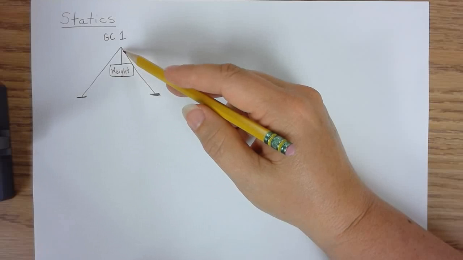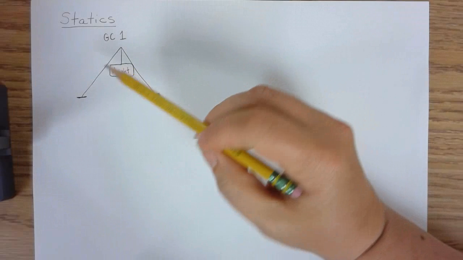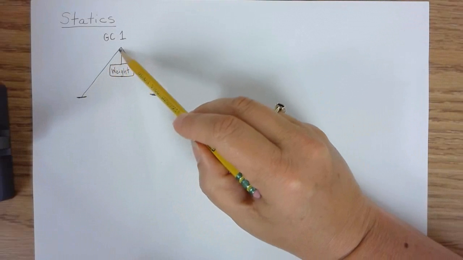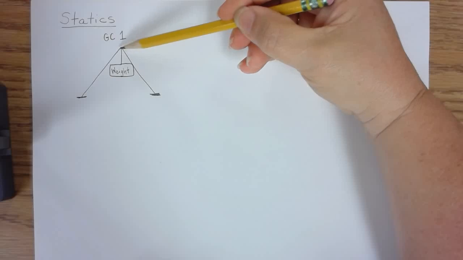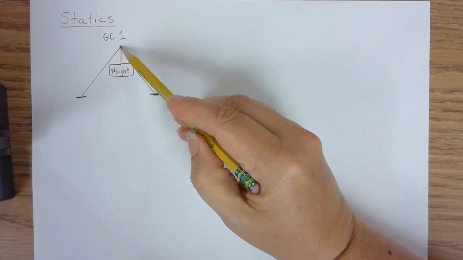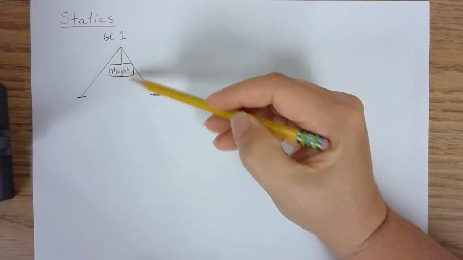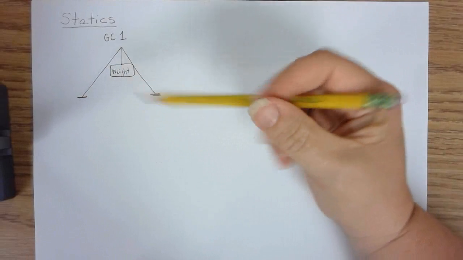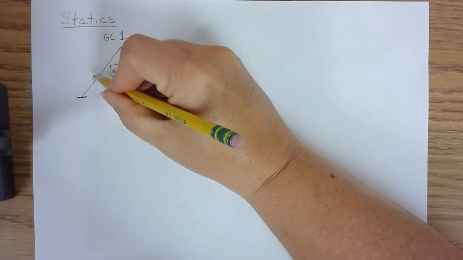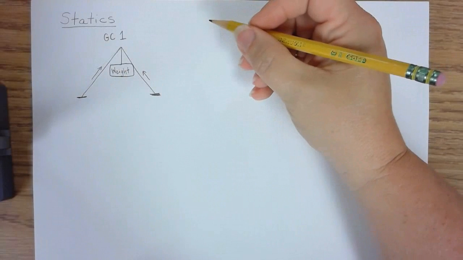It's almost a common sense thing that you have to use, but in this case both of them are supporting in an upward direction, because if you can imagine, if either one of these were pulling in a downward direction, then it's going to cause the weight to also come down, so it's going to topple down. So both of these have to be pulling or pushing, supporting in an upward direction.